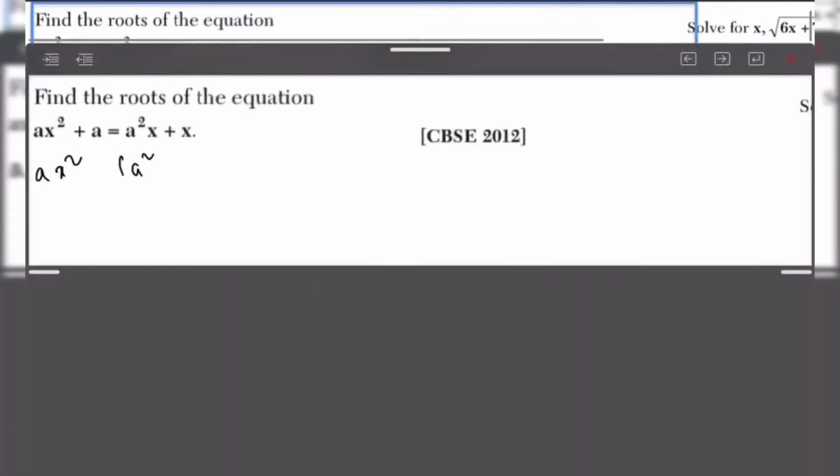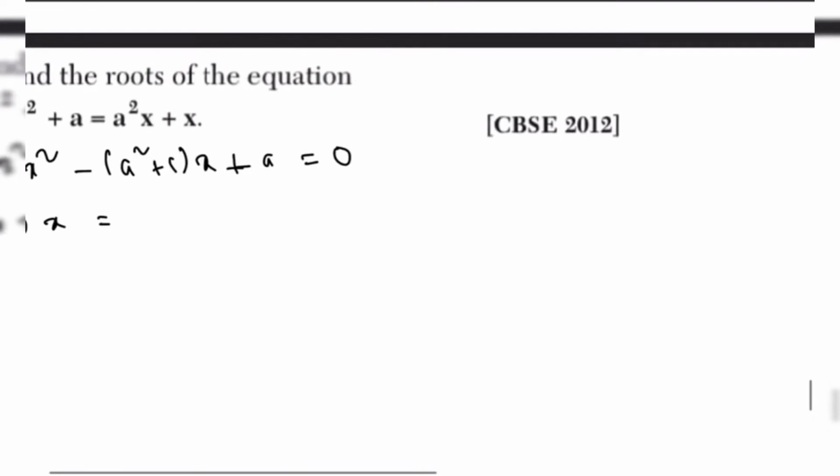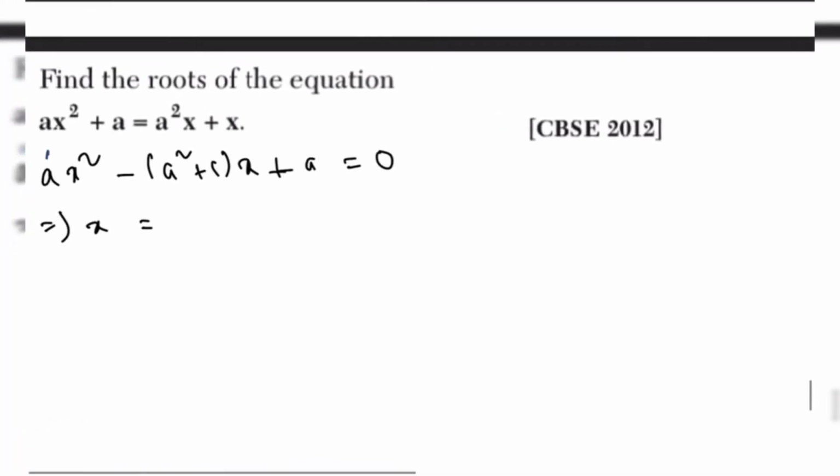This is ax square minus a square plus 1 times x plus a equals 0. This is in standard form. So by quadratic formula, we can say that notice that in the quadratic formula, this serves our function of a, this serves our function of b, the entire thing with the minus sign, and this is our c.